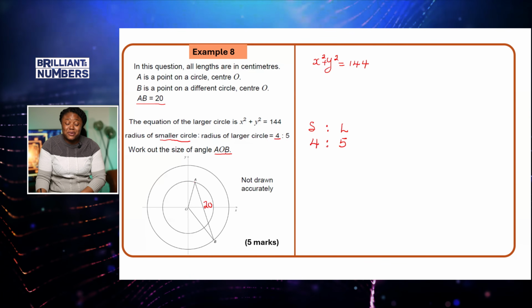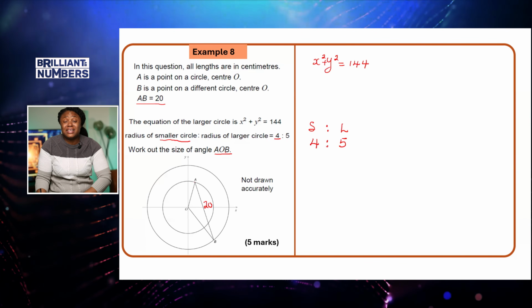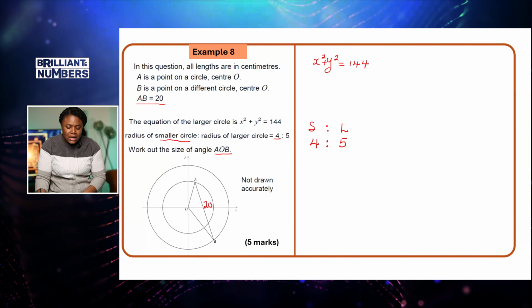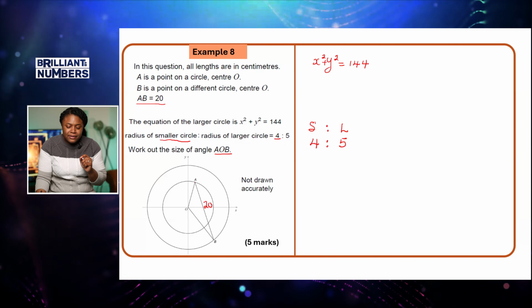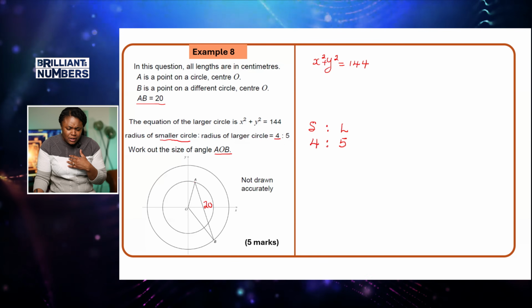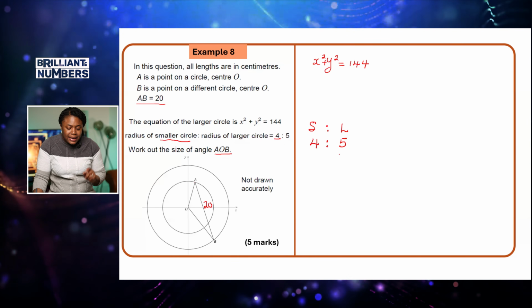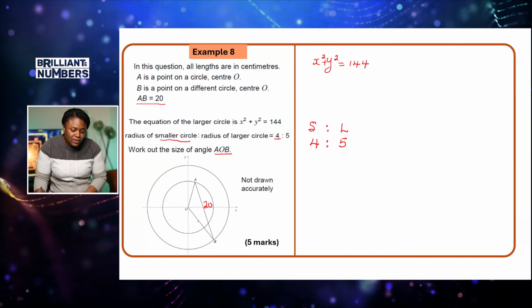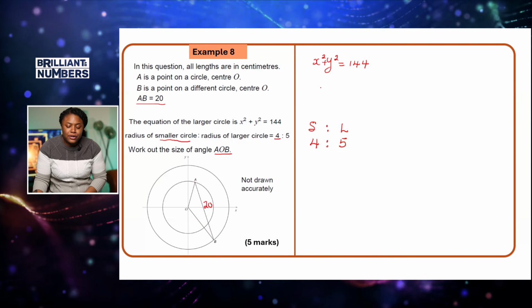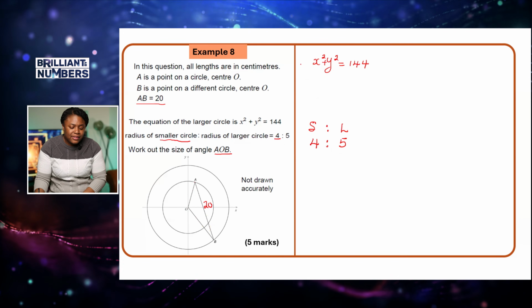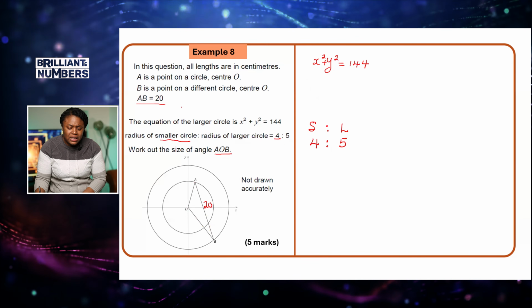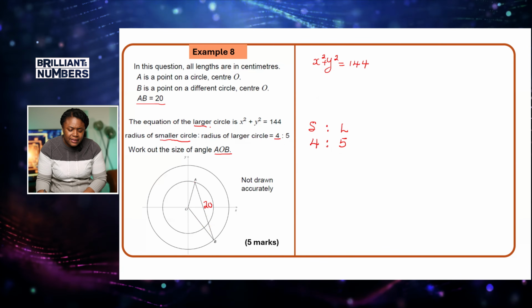Yes, you can also be asked to find the angle within a circle as well. Now, if I'm asked to find the angle here, I need to have all the sides of the triangle. So I now need to look for my breaking point. I know the equation of the larger circle, so underline that as well.